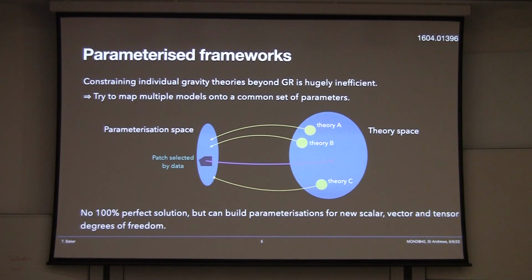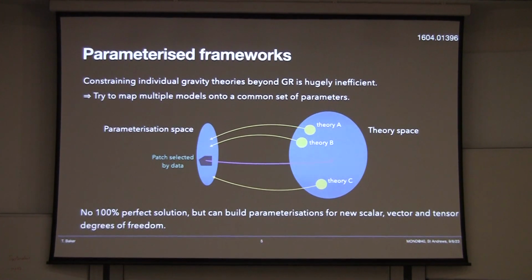Okay, so I can't give you one set of numbers that will cover every idea in gravity, but there is at least a sort of a mathematically well-defined process you can go through to parameterize theories that have, say, the metric of GR plus extra scalar degrees of freedom, or the metric of GR plus new vectors, or if you want to, throw in combinations of those things. Okay, so there's a set of parameters for each of those families.